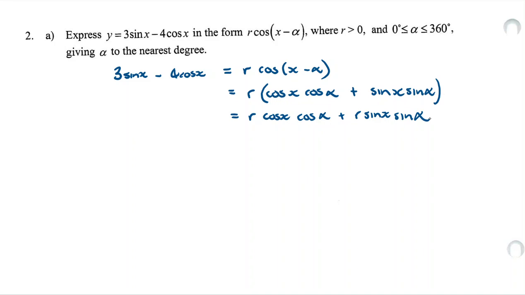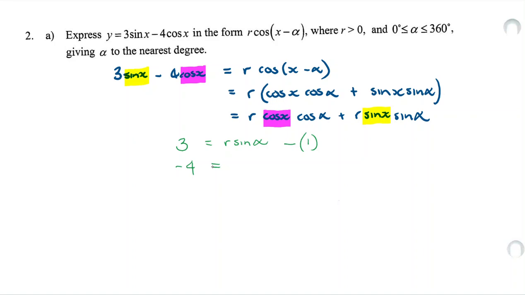Okay, we equate our coefficients. So on the left-hand side, I have a sine x there and a sine x there. So that would be a coefficient of 3 on the left and r sine alpha on the right. That's going to be equation number 1. My cos x on the left has a negative 4, so warning signs with minus signs means we're moving out of the first quadrant.